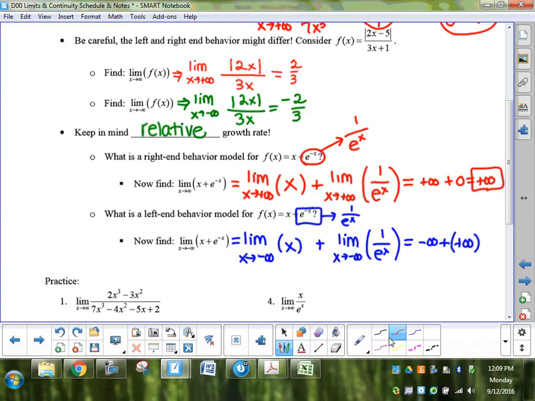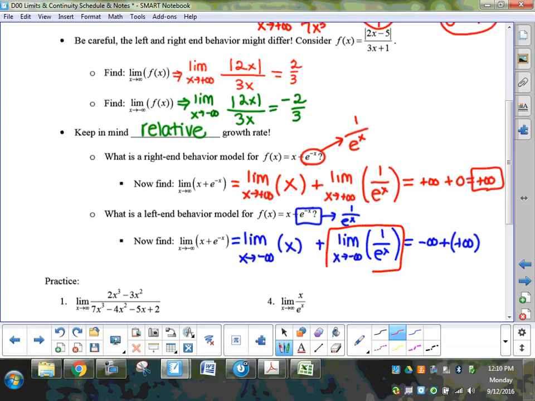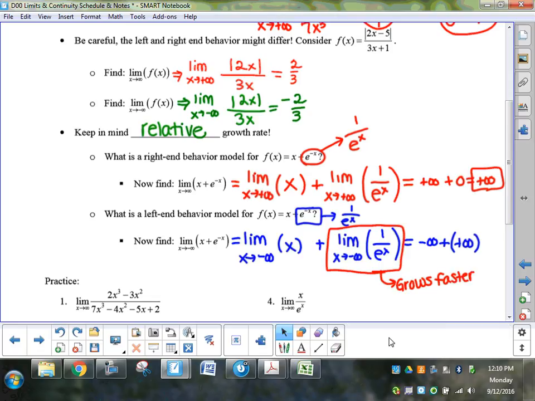Which one's governing this limit behavior as we go out to infinity? This right here. It overpowers the other part of it. It renders it insignificant. That's how strong that growth rate is.